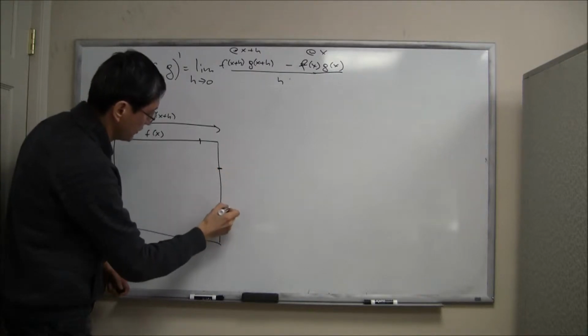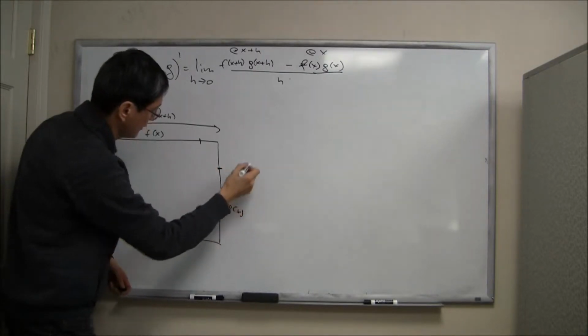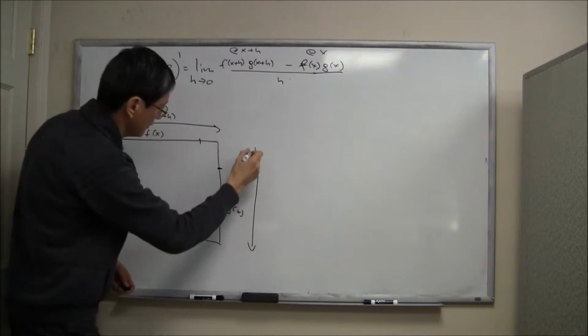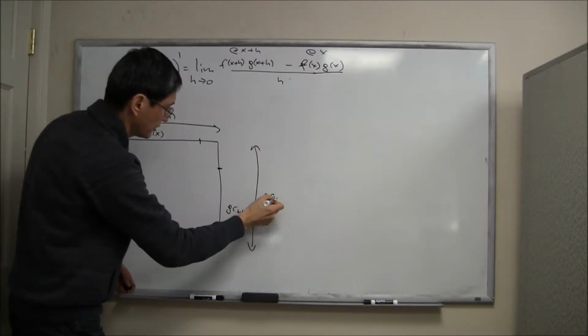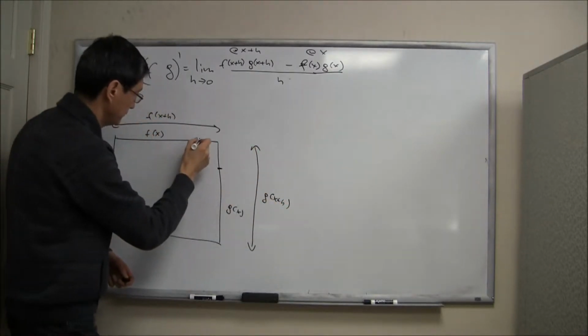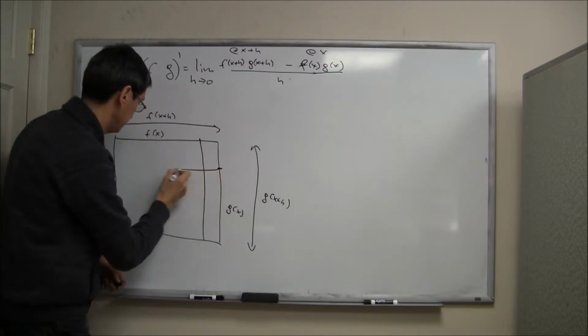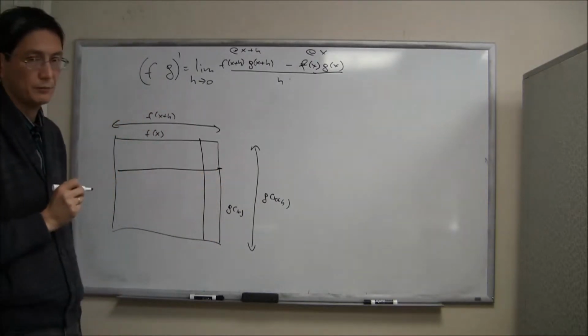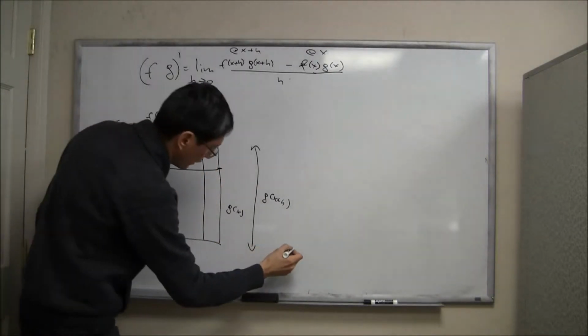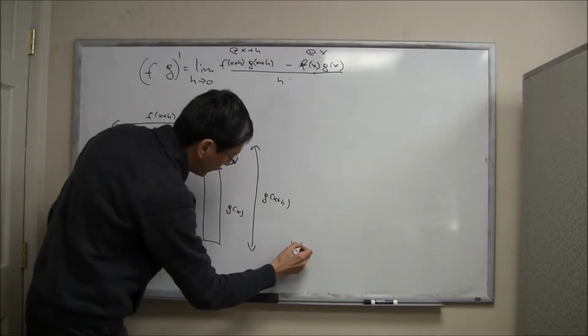Say up to here it's g of x, and from here to here it's g of x plus h. So the following picture, and the whole area.